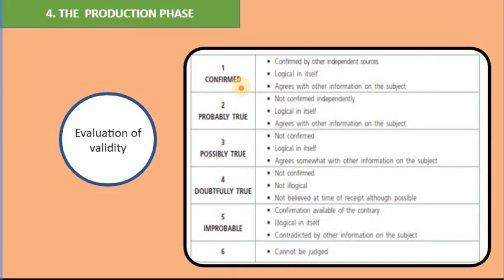Okay? 4 stands for D, which means doubtfully true. Number 5 stands for I5, it means improbable. And last one, 6, letter T. Okay? It means truth cannot be judged. C-pro-P-D-I-T.